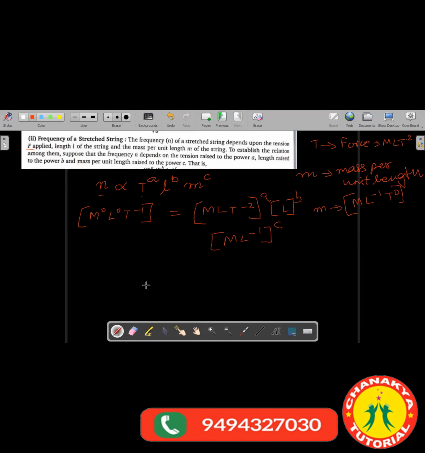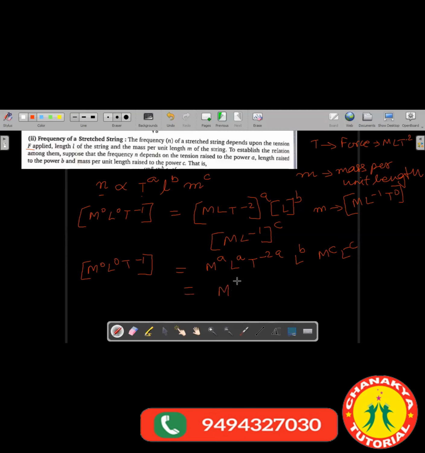Okay. So see, you will be putting these dimensions as M0, L0, T minus 1 equals here dimensions of M to the power A, L to the power A, T to the power minus 2A. Then here you have L to the power B, M to the power C, and L to the power minus C. Now collect the variables here.